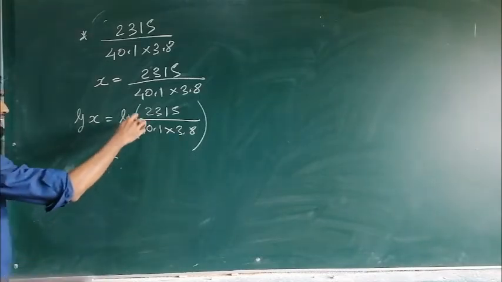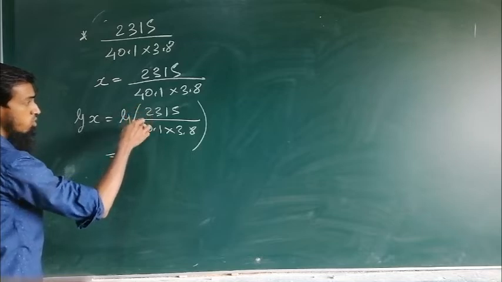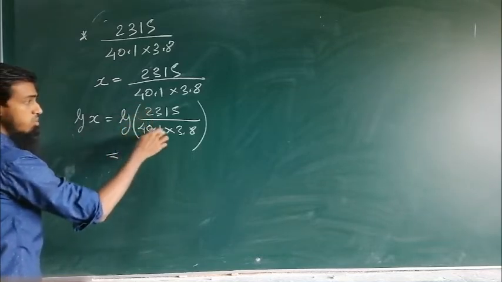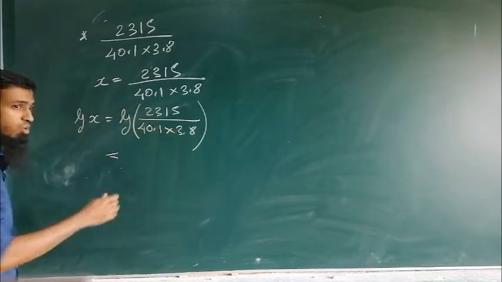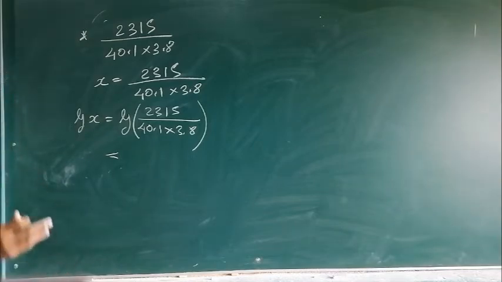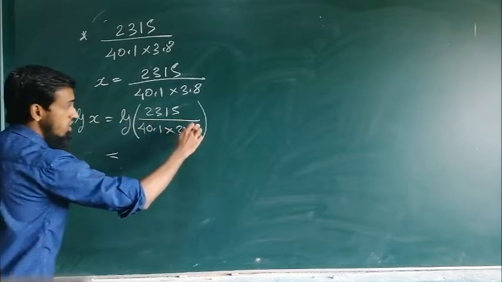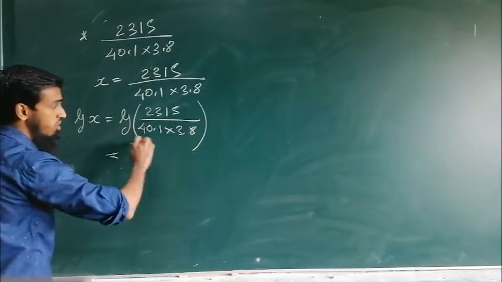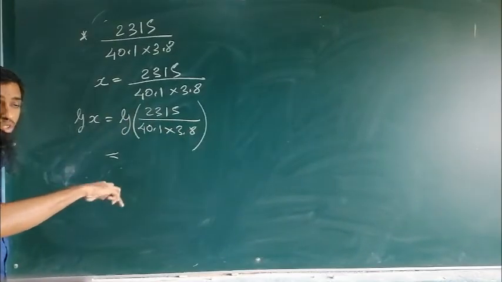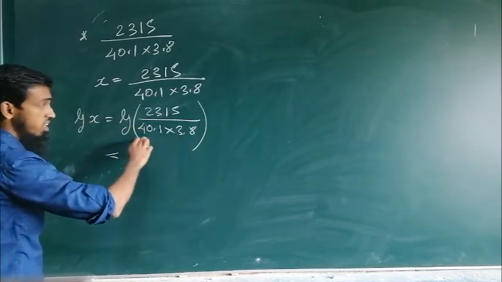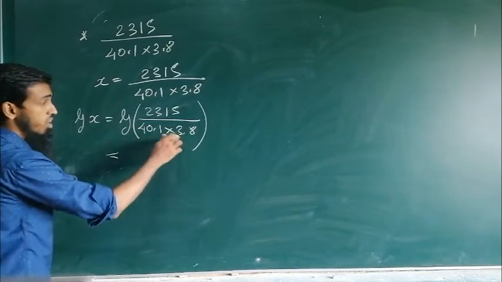On the right hand side, within the logarithm we have 2 values, multiplication and division. Always we do the division part on the first step. In the denominator, like the previous question, we have 2 separate values.